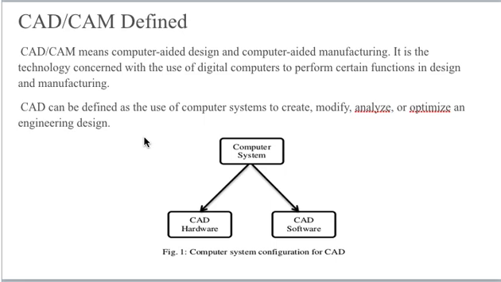Ultimately, CAD CAM will provide the technology base for the computer integrated factory of the future. Computer-aided design can be defined as the use of computer systems to create, modify, analyze, or optimize a design.